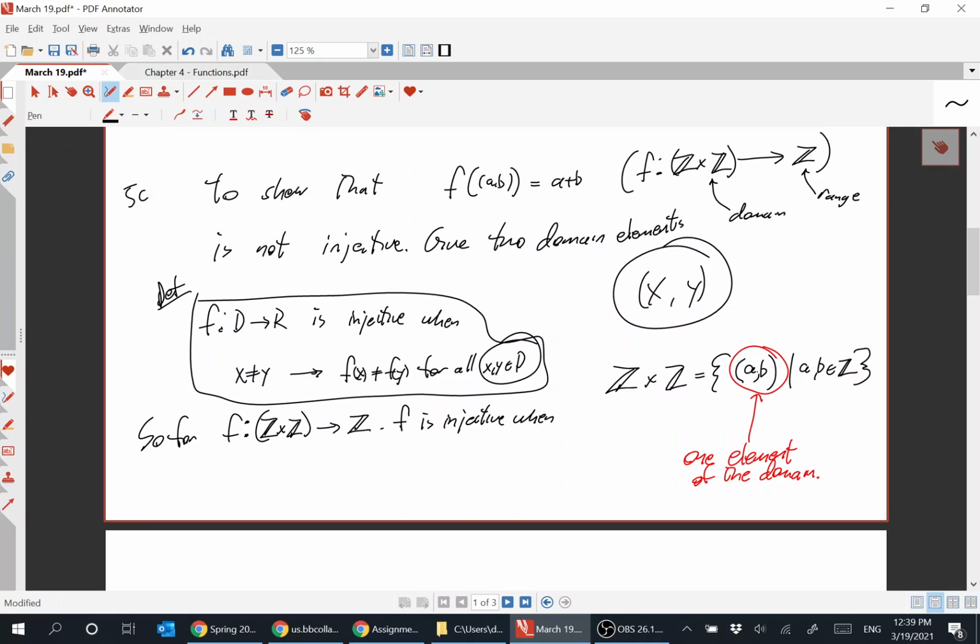x and y or a and b. I want two elements of the domain. This is one element of the domain, like that. Two domain elements.